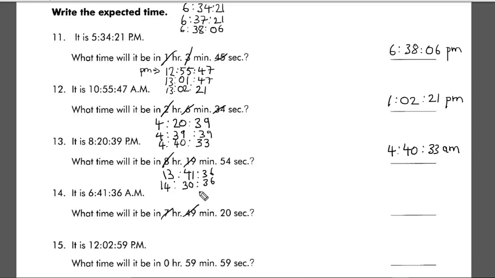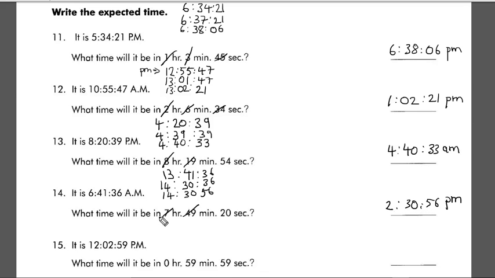That's going to end up as 56, so I don't need to bundle anything up, so this all remains the same. Okay, so 14, actually I'm going to change that from 14, that's just reminded me that it's PM. I'm going to change that to 2:30 and 56 seconds. Okay, and that is PM. All right, 2 hours 30 and 56.